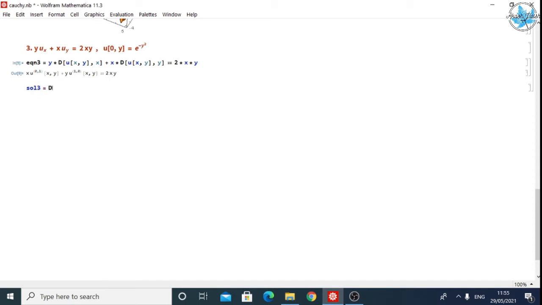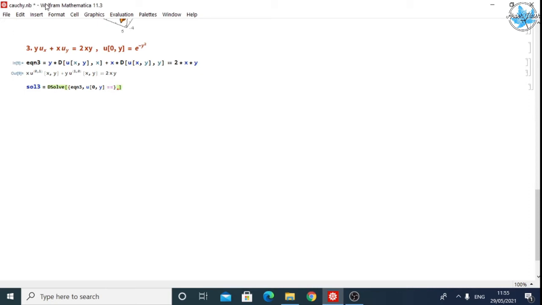Solve 3. Then we will use the dsolve command, and within this I will write the equation 3, and my initial condition is u of 0 comma y, which is given as double equals to e raised to power minus y square.